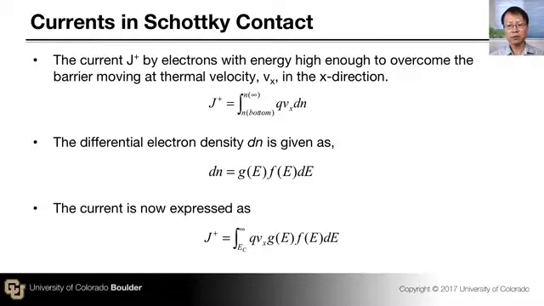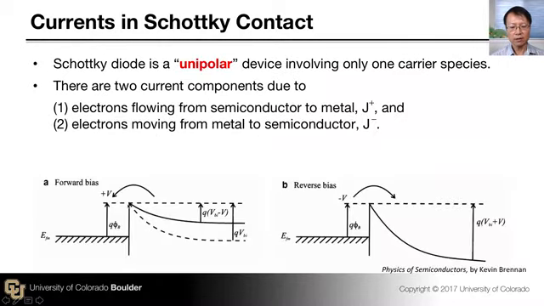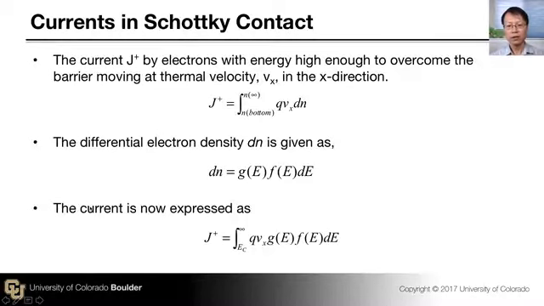So n bottom to n infinity basically represents the electrons with energy this much, with a minimum energy equal to Q times the built-in potential minus the applied voltage. That and above, anything above will be able to go over. So that's the integral limit.